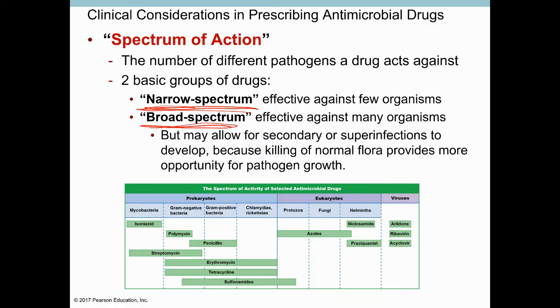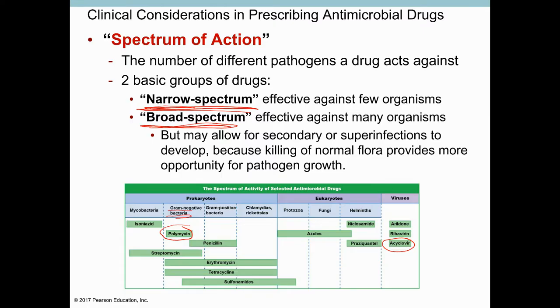On the chart below, you'll see polymyxin is limited only to a subgroup of the gram-negative bacteria. You see that acyclovir is only useful against viruses. So these are narrow spectrum drugs. They're only effective against a particular group, and not even all within that group, but a small group of organisms that can be treated with that drug.